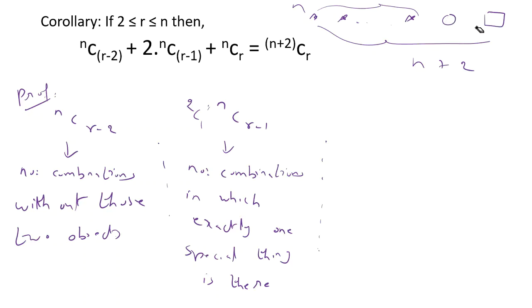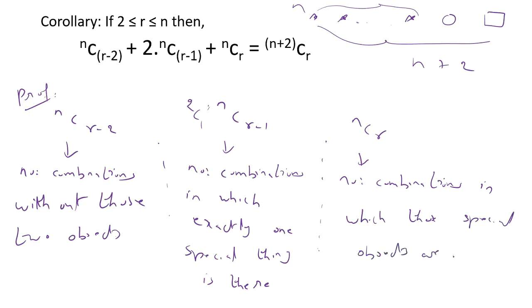Now, how many combinations are there without containing these two? Without containing these two means I have to select r objects out of those n objects. So n choose r stands for the number of combinations in which those special objects are not there. 2 times n choose r minus 1 stands for the number of combinations in which exactly one special object is there.